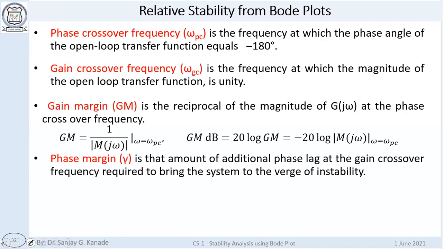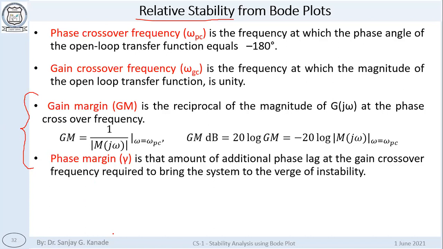These 4 definitions are used on the Bode plots to find out the relative stability. Basically, from gain margin and phase margin, you can say whether the system is stable or not. There can be some values of parameters which can make the system either stable or unstable, and those factors are gain and phase.